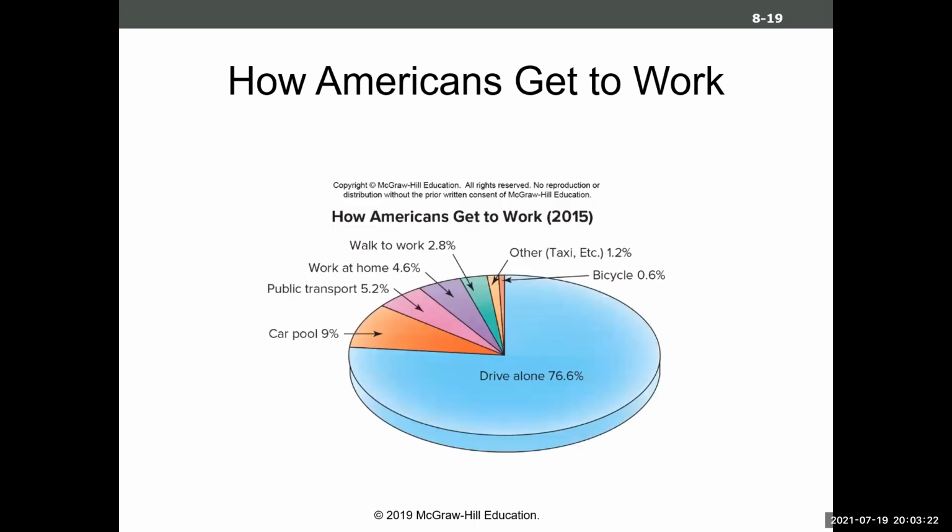Typically, 3/4 of Americans will drive alone to get to work. There's a lower percentage for some other sort of transportation to work, like walking, working from home, public transportation, carpooling, bicycle, and other methods.